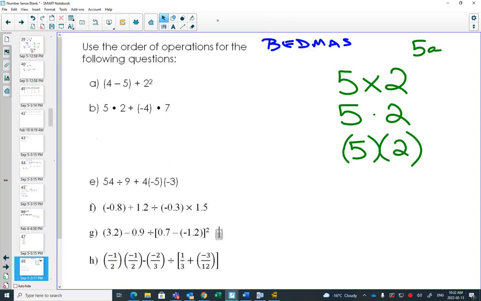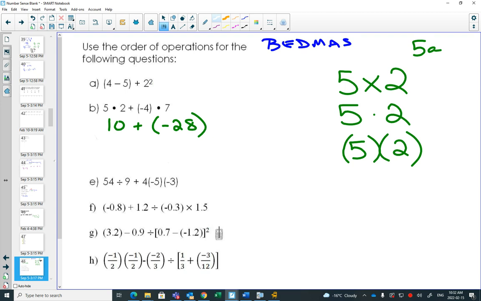Okay. So, in this one, 5 times 2. Did you get 10? Plus -4 times 7, -28. And so here would be a place I'd just hold that in the brackets because you have an extra negative with the number.